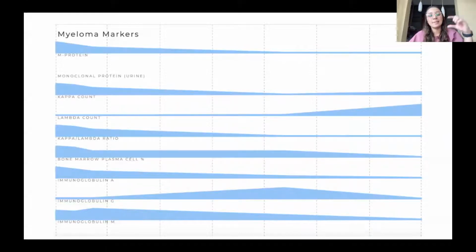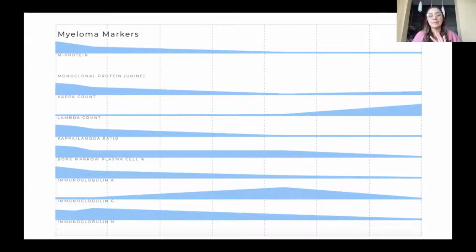And as you can see, in the beginning it was really high and it started going down over time. This is an idea of how you will be monitoring your labs, and it is a very visual way to see whether there is progression, whether you are maybe entering relapse, or whether you are responding to treatment and maintaining stable.